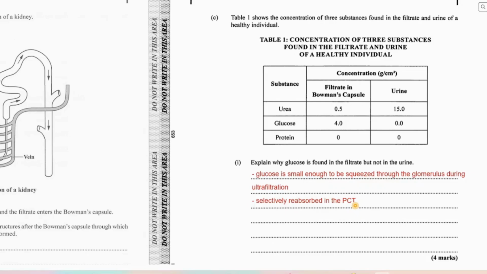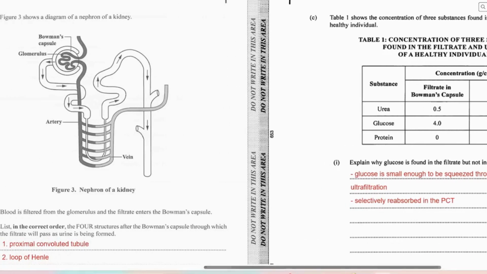Right after the Bowman's capsule, where the filtrate enters, that first part, your proximal convoluted tubule, is where all of the glucose in a healthy person with functional kidneys is supposed to be selectively reabsorbed into the blood.